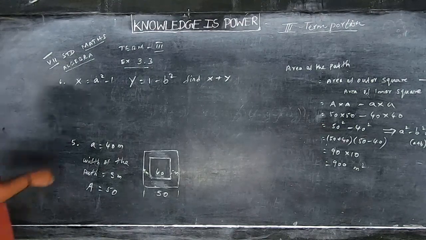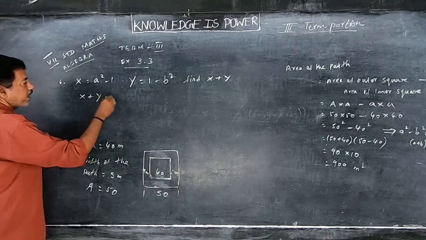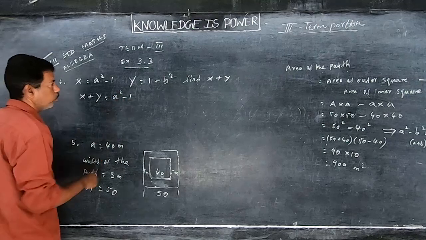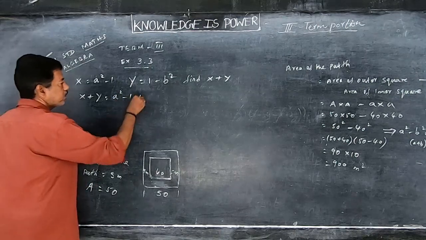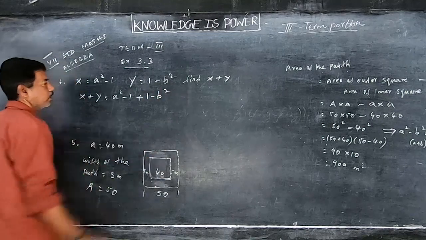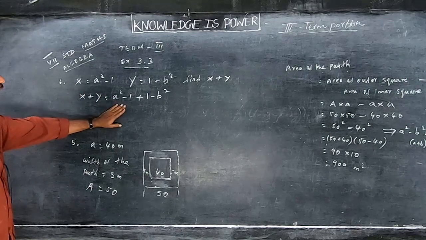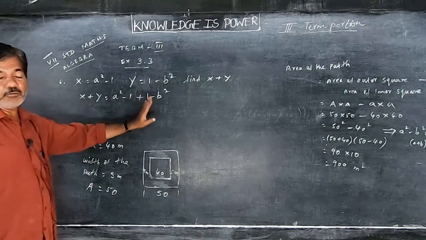See, the question asks to find x plus y. What is x? A square minus 1. And y is 1 minus b square. Substitute the value of x and the value of y.